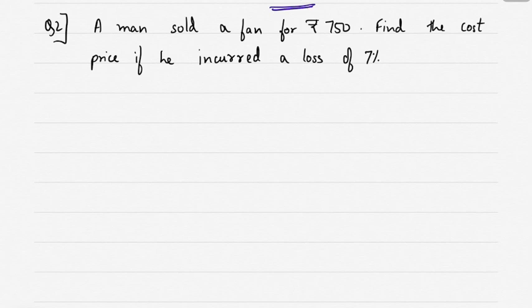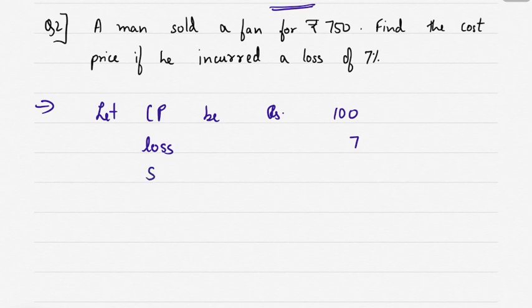And he incurred a loss of 7%. For this what we'll do, let cost price be rupees 100. If cost price is 100, that means loss would be 7 because there is a 7% loss.